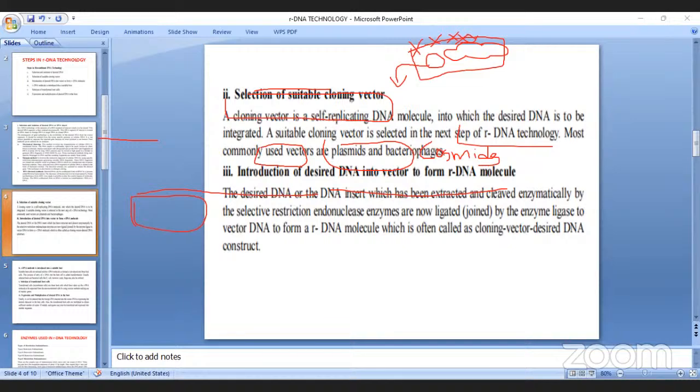Now we need to integrate both, the desired DNA inserted and integrated with the vector. Now it is called rDNA.